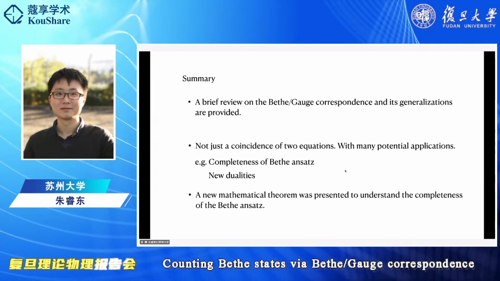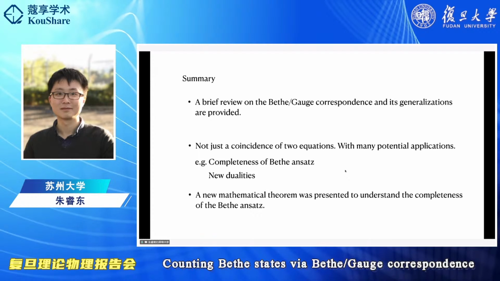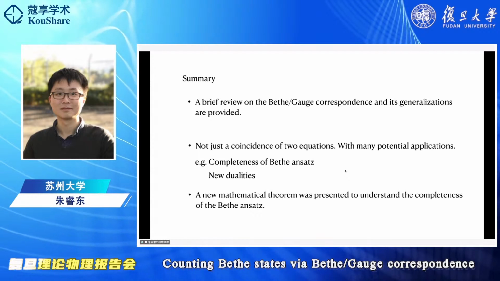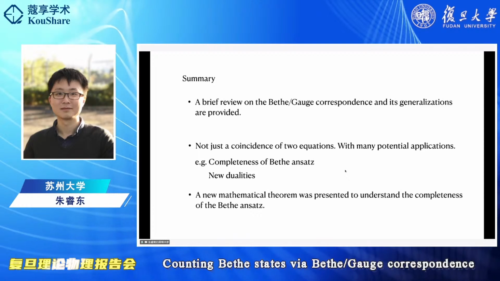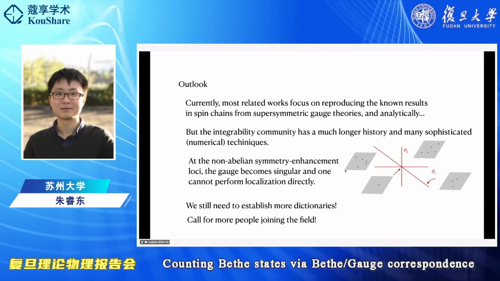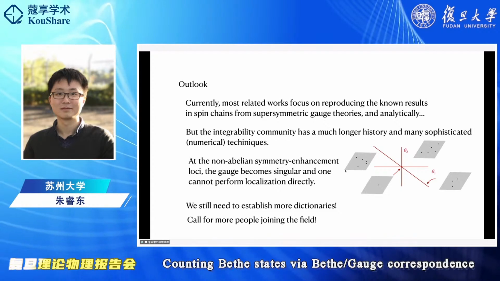In this process, we proved a new mathematical theorem that helps us understand the completeness of the Bethe ansatz. And there can be a lot of interesting things to be done in the future.